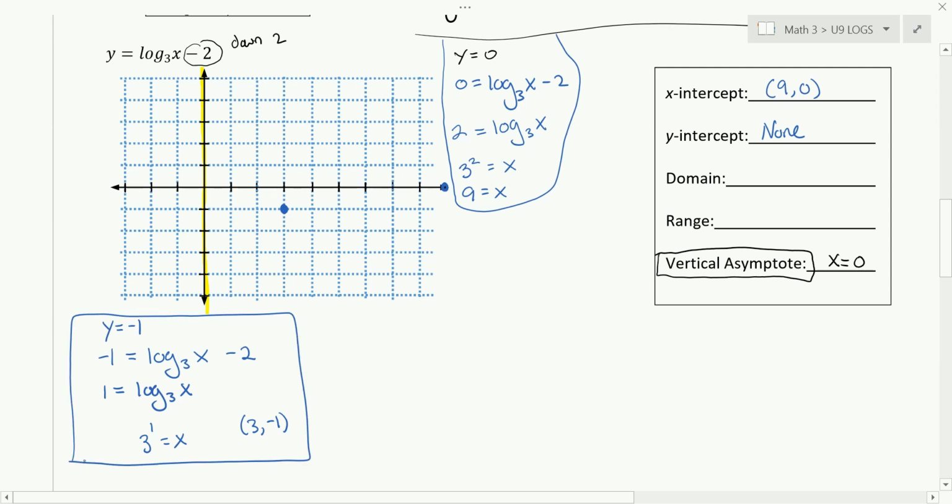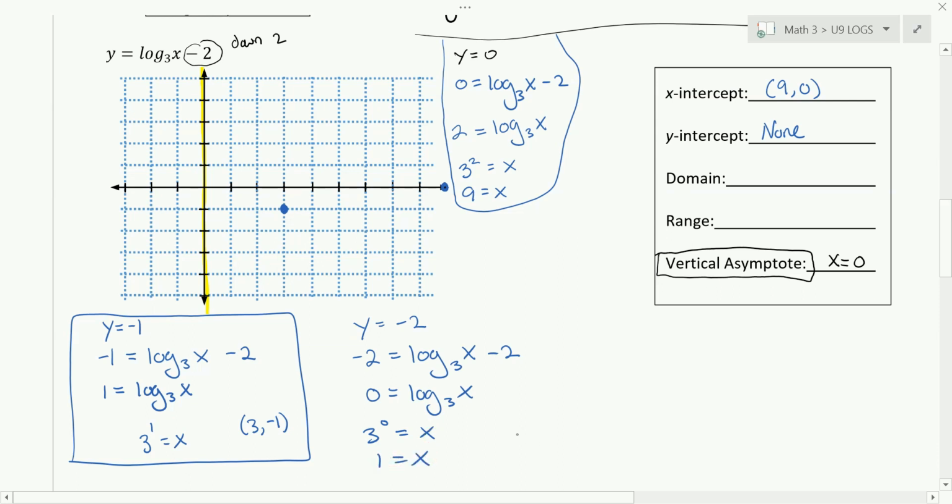Let's find one more. What would be a good option for y? Negative 3 or negative 2. I'm going to do negative 2, but if you want to try negative 3, you can. In this case, I get x is 1.